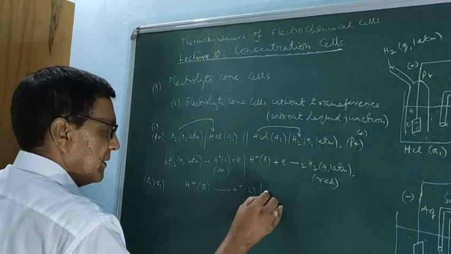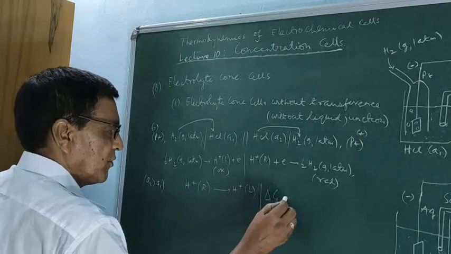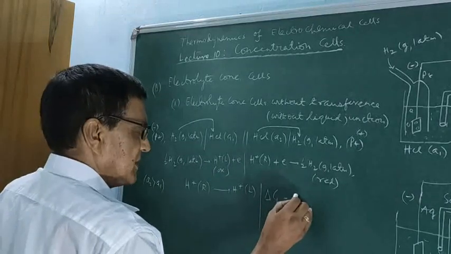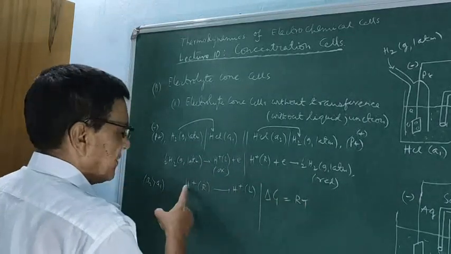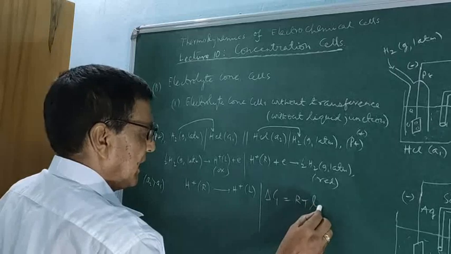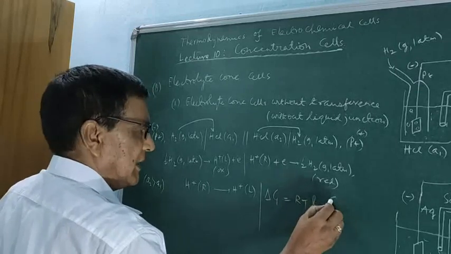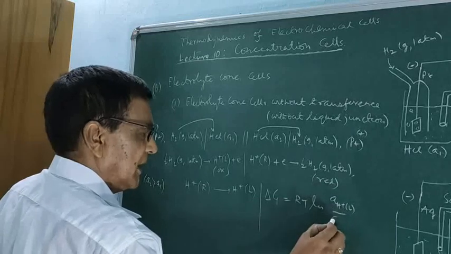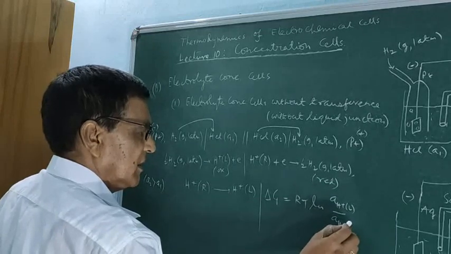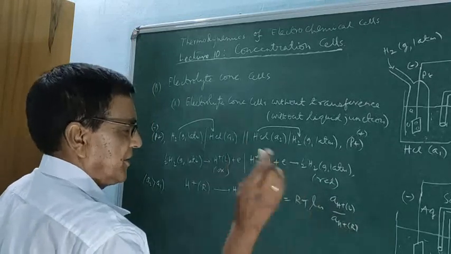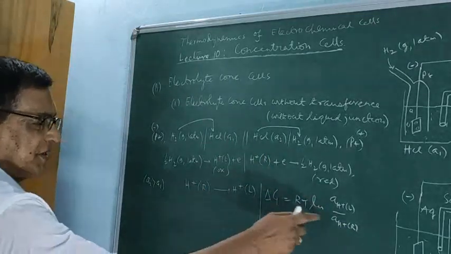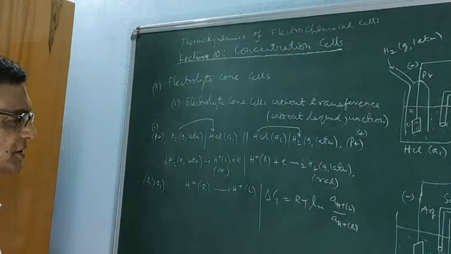And so the free energy change for this process, I can write as RT, for 1 mole of hydrogen gas transferring, ln of the activity of hydrogen ion on the left divided by the activity of hydrogen ion on the right. The free energy change is negative, which means free energy is decreasing.